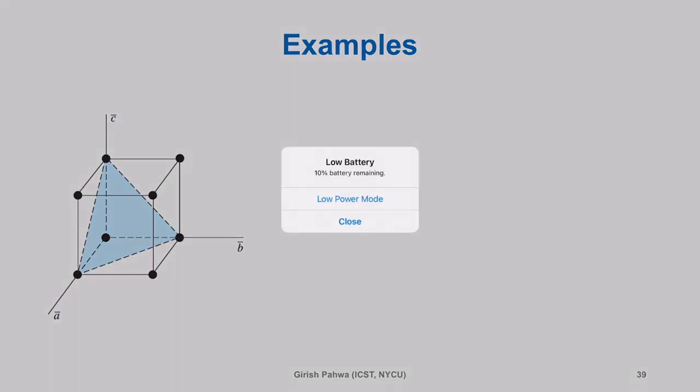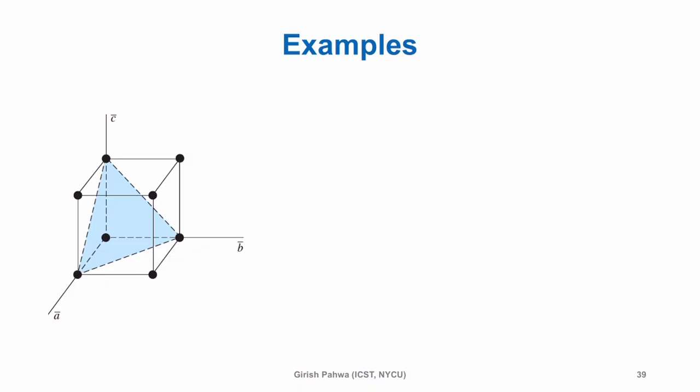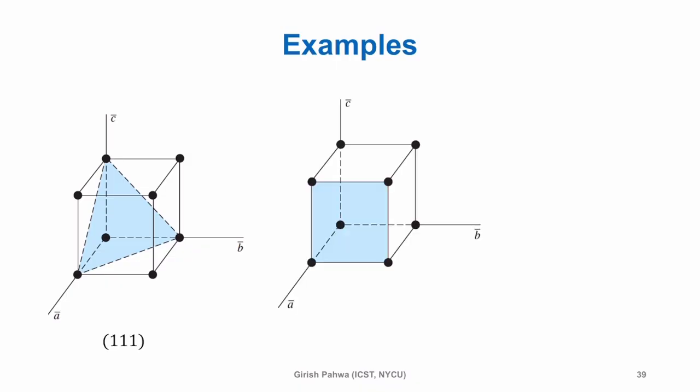Then what about this? This is the intercept A. What about this intercept? So this is going and not intersecting anywhere. It's going to infinity. So intercept is infinity.